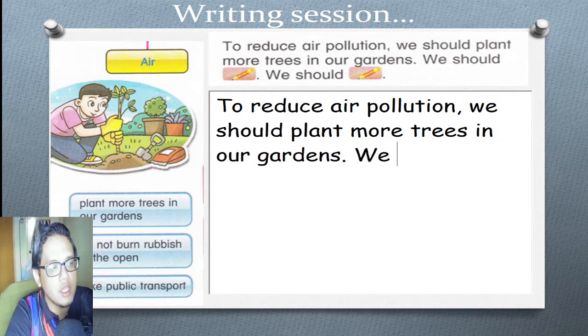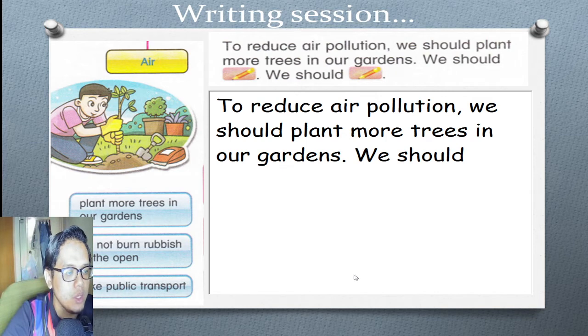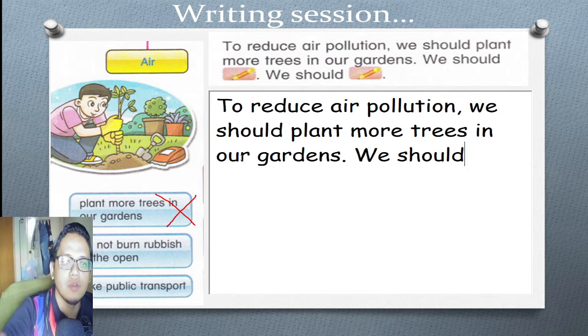Now remember, right now we already have the first point done. The first point is here, plant more trees in our garden. For the second point, where should we take? This one.